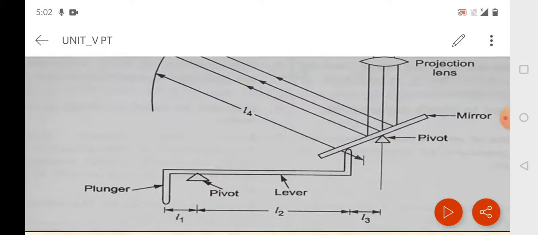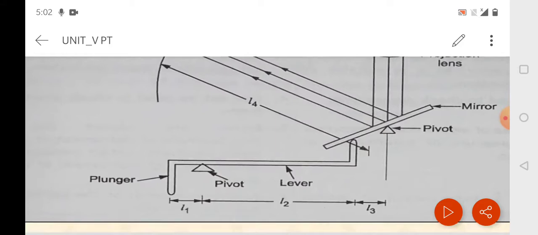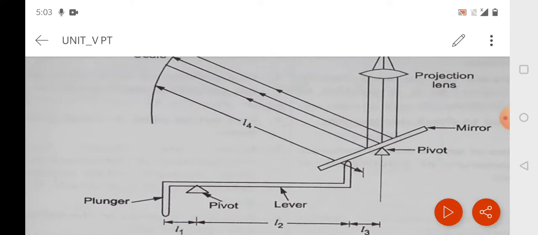First we set this plunger and this reading to 0 with the basic size, and then the workpiece which is to be tested or checked is brought in contact with this plunger, and we can see the variation in the dimensions very easily.